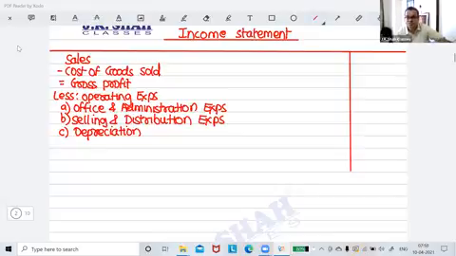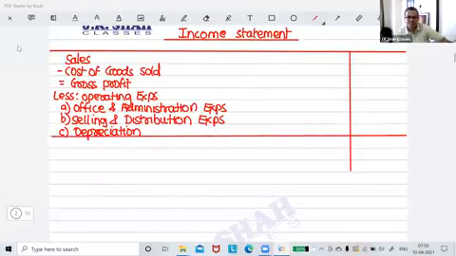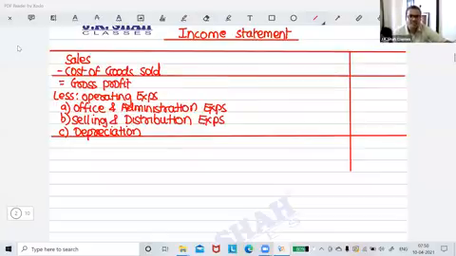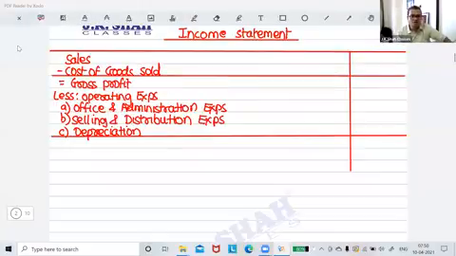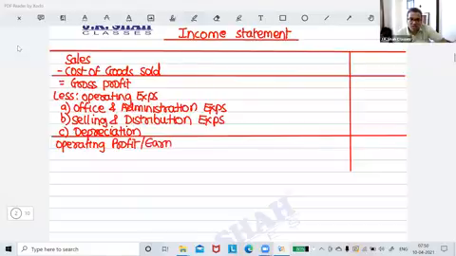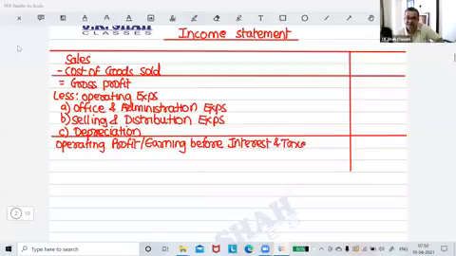Now what you will get over here is basically operating profit, also known as earning before interest and taxes.